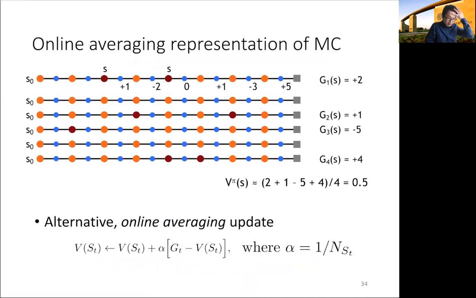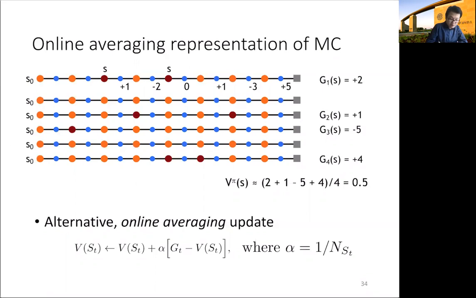I guess there's also an online version of this Monte Carlo approach. Notice that we are simply getting all these trajectories and then taking the average. So trivially we can consider the online averaging, where we output an estimator after observing every single trajectory.